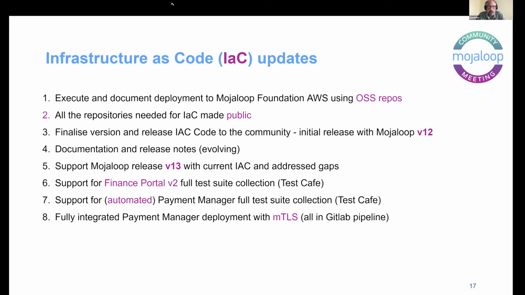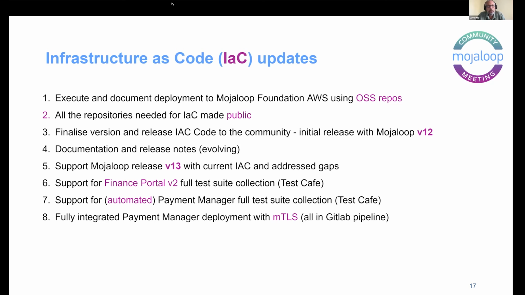So the components that make up this infrastructure as code are obviously the core Mojaloop switch, but then decorating it are these other services, which would be the API gateway from WSO2, the identity server key manager, also from WSO2.